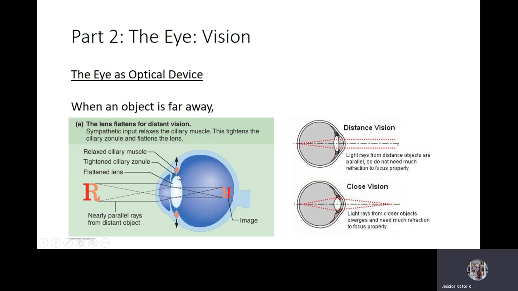And when the suspensory ligaments pull against the lens, it will flatten. And because of this, the light won't bend very much in the lens. This way, the image will be projected onto the retina and it will hit the photoreceptors where that light can be detected.